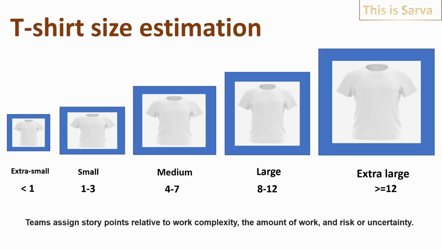For example, there are 2 stories. One is already estimated as small and the next story will take double the effort of the already estimated small story. Then this story will be considered medium. It will be assigned as medium.